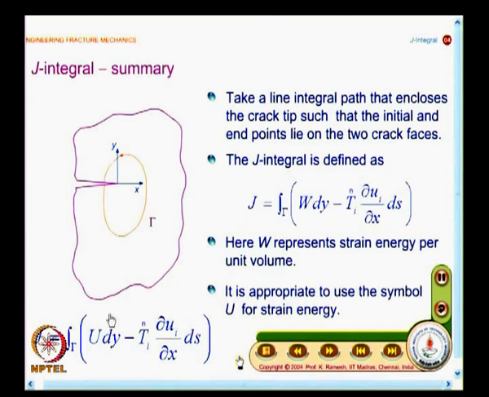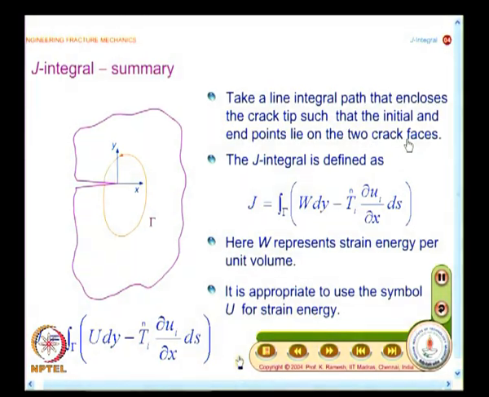I would prefer to draw your attention that it could be written better this way. Instead of W, put it as U dy minus t n i multiplied by ∂u i by ∂x ds. The key point to note is, take a line integral path that encloses the crack tip such that the initial and end points lie on the two crack faces.